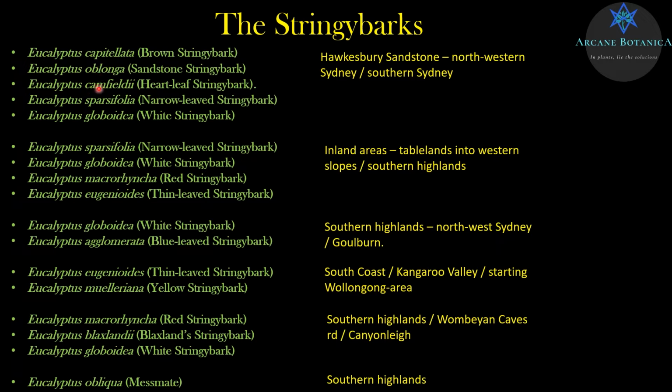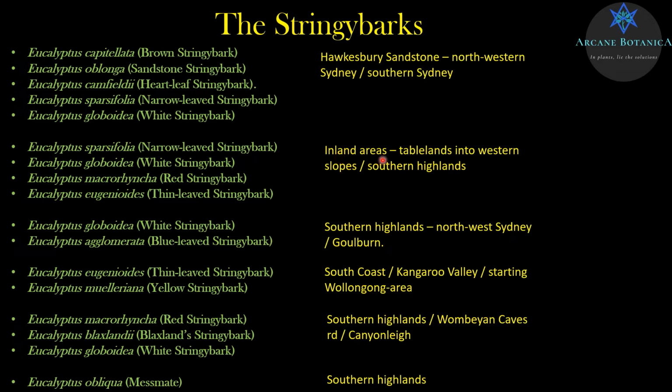Capitulata, oblonga, Camphildii, sparsifolia, and you can't really write off Gleboidia, not in the southern parts of Sydney on the sandstone and into the southern highlands where the Hawkesbury sandstone keeps going. You can't really write that off, but they're the ones you'd be wrestling with, and wondering which ones you have.